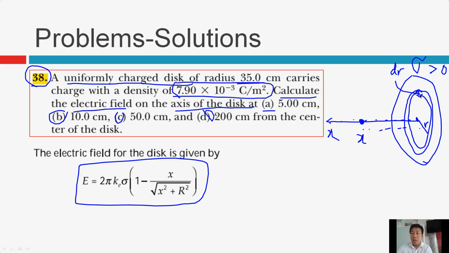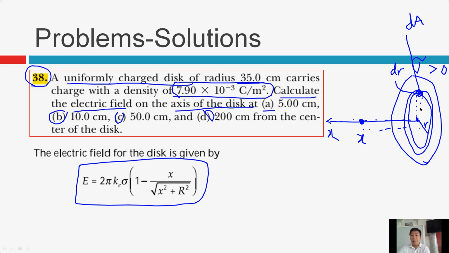It's okay. And actually, the ring here is also not a point charge. It's also a matter. I continue to divide this ring into point charges. I call it dA.